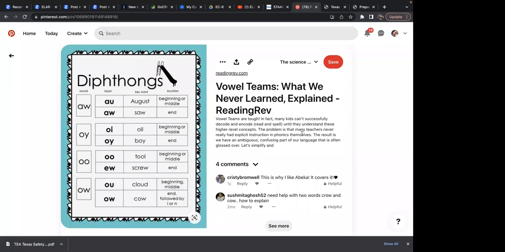The problem is that many teachers never really had explicit instruction in phonics themselves. As a result, they give sort of ambiguous lessons, and we need them to play around with these and understand the diphthongs and the digraphs and to identify them. It's not such a hard word that they won't have fun saying it. And once you teach it to them, they'll know what it is.